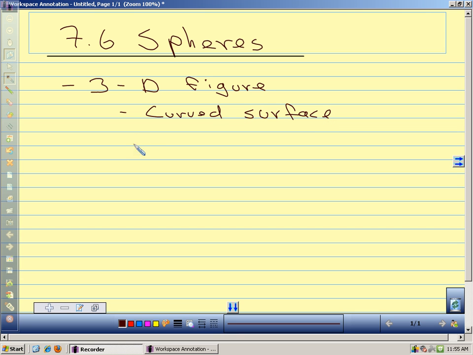The way we define a sphere, and I don't think we'll talk about it in this class, but in pre-calc we'll talk about the equation of a sphere. The way we define a sphere is that it's all points that are the same distance from the center.